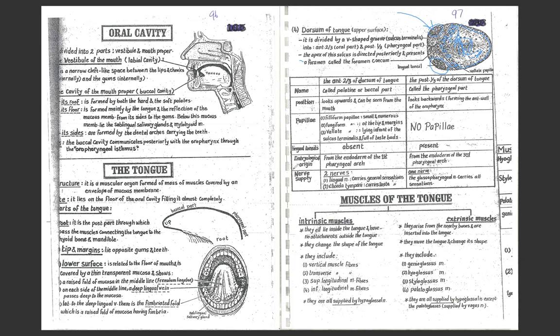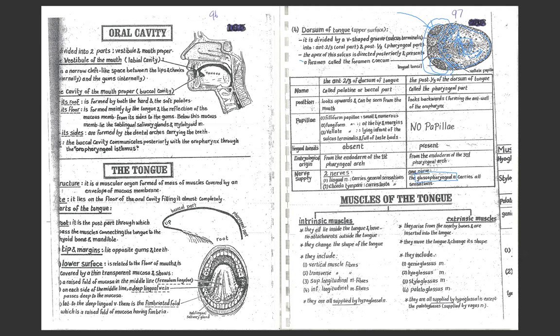Nerve supply. The posterior one third: glossopharyngeal, bro. The high part, this one here, is glossopharyngeal.